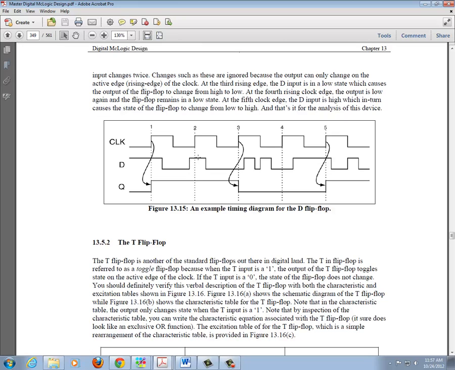Okay, so now here's our next edge. What is D at this edge? It's a 1. So Q is going to stay 1. Going along again, what is D at this edge? It's a 0, so Q is going to become a 0. Hold 0. This edge, D is a 0, so Q is going to stay 0. This edge, D is a 1, so Q is going to become 1.